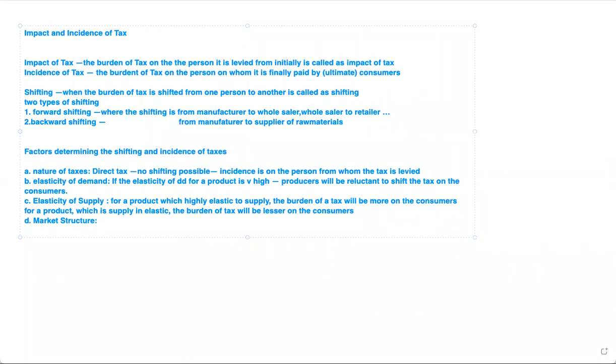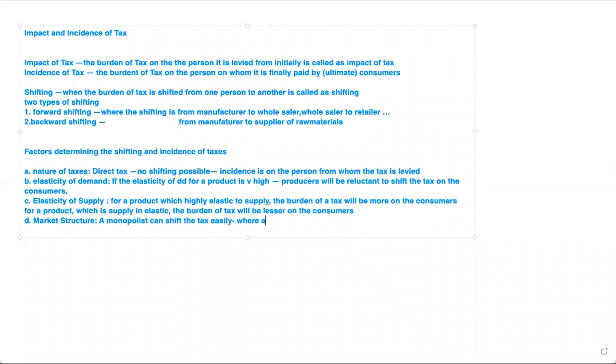Monopoly. Very good. Perfect. See, a monopolist can shift the tax easily. बराबर? Can shift the tax easily. Okay.